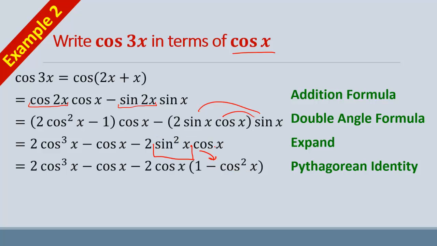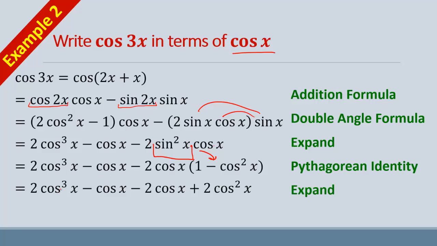So I've got 2 times the cosine x, and then I changed that to 1 minus cosine squared of x. Then I'm going to expand that again, distributing that 2 cosine of x. Now I've got a cube, but then I have 2 there. And actually this should be to the third, so I've got another cube.